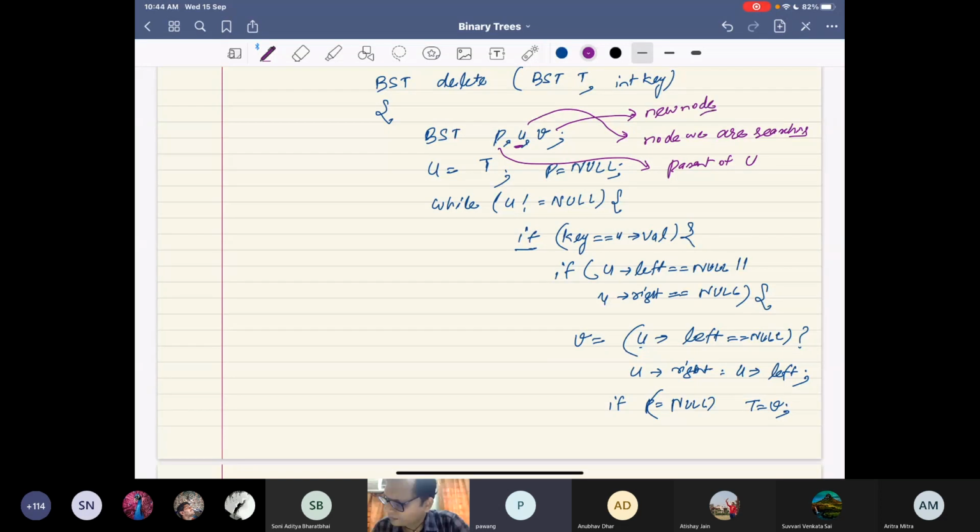We started U as T, the root node, and parent was null. Then we are searching while U is not equal to null, checking our key against the value of U. If its left or right is null, it is in the first two cases. In that case, you check this condition and accordingly put V as either U of right or U of left.